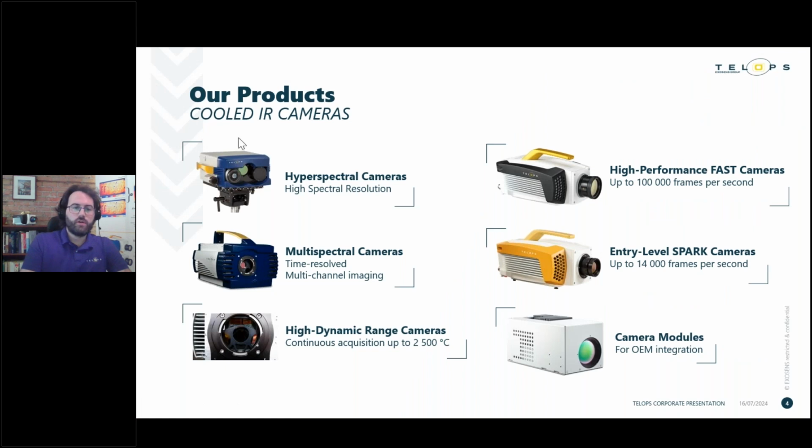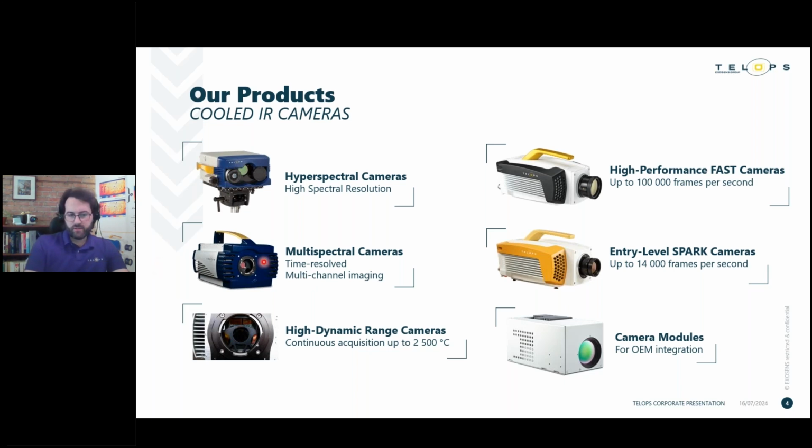We offer a multitude of products. We have the hyperspectral camera on the top left here. That won't be the focus of today's talk, although the selection of the spectral band is still relevant to hyperspectral cameras. I'll focus mainly on data and images obtained with fast cameras and multispectral cameras.